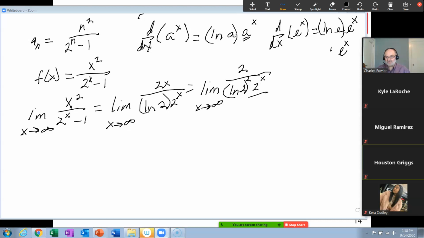After you do it often enough, you don't care anymore. It's just 2x. For an exponential function with a base other than e, the derivative is the log of that base times the same exponential function. If it is base e, it's just the same function, because log of e is 1.